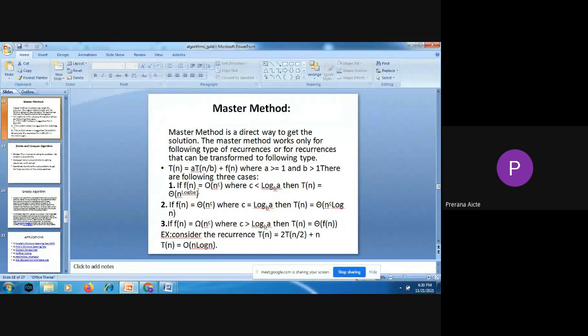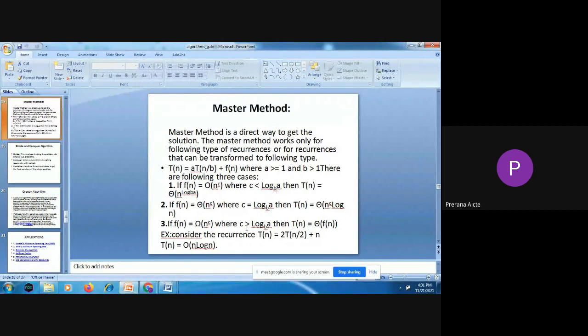If f of n equal to order of n power c, where c less than log a base b, then the time complexity T of n is n power log a base b. In the other case, where c equal to log a base b, the time complexity T of n is going to be n power c log n.